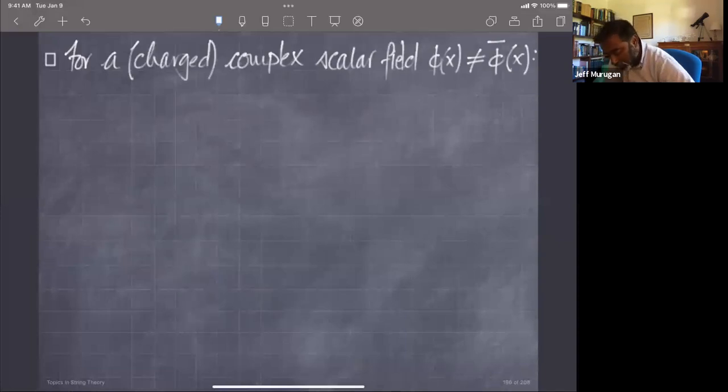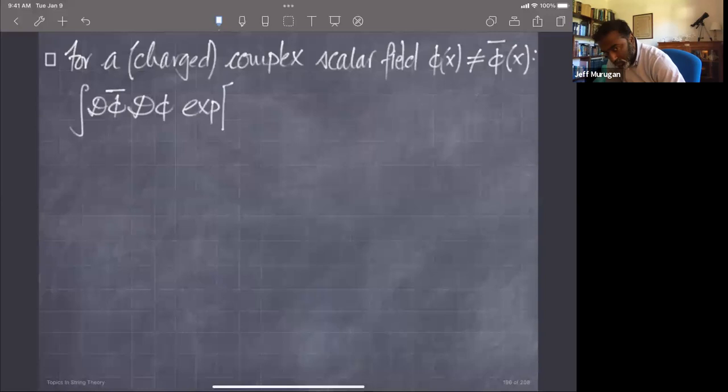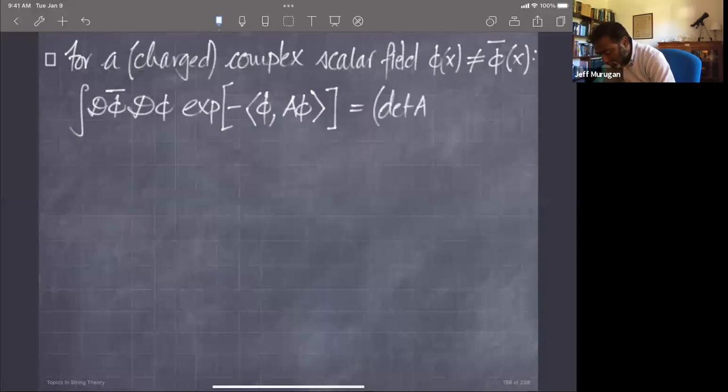There we will find that the integral over phi bar over phi of e to the minus phi bar a phi is just 1 over the determinant of the operator a. Okay. Any questions?